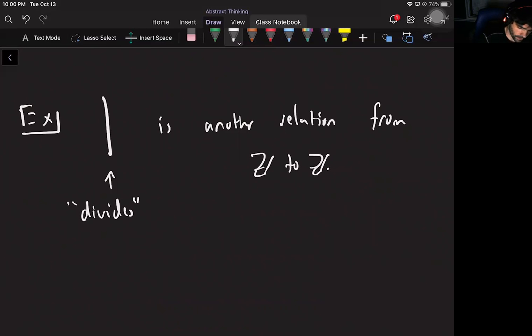So how is the relation built? Well, the divides is what creates the relation. So what we're going to do is the same as before. You just say, when are two numbers related? Let me use m and n though. When are two numbers related?